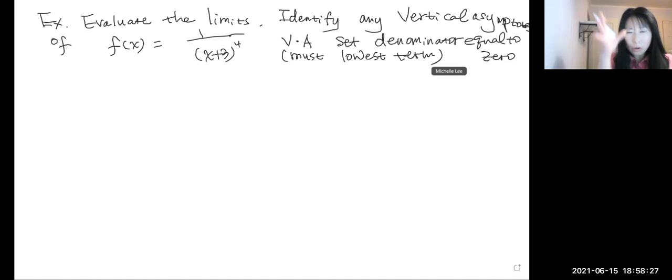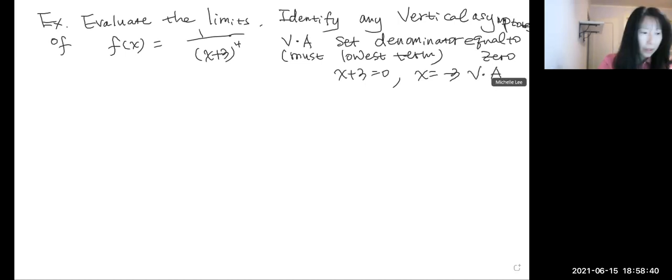So all simplified already, then we set the denominator equal to 0. So x plus 3 equal to 0, x equal to -3, which is a vertical asymptote, right? Very good. Now we have to evaluate the limit.